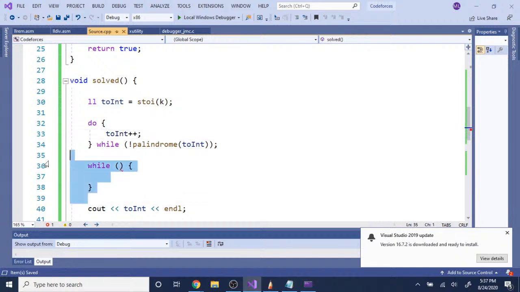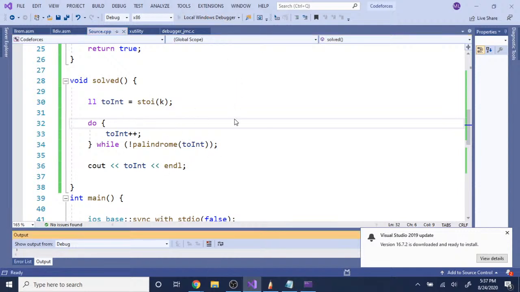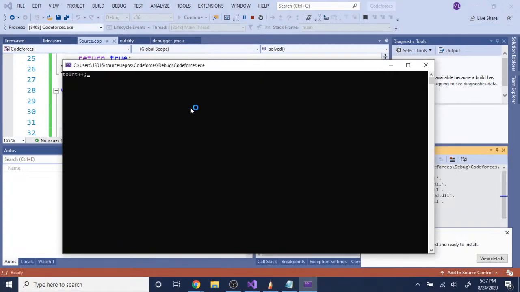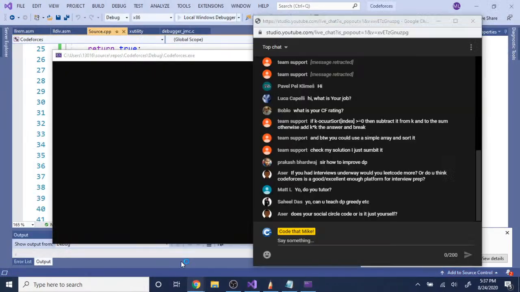First time I've ever done this in a while. So then it runs first. So we got 1, 808. Yeah, so that does work, but then we also have to check.